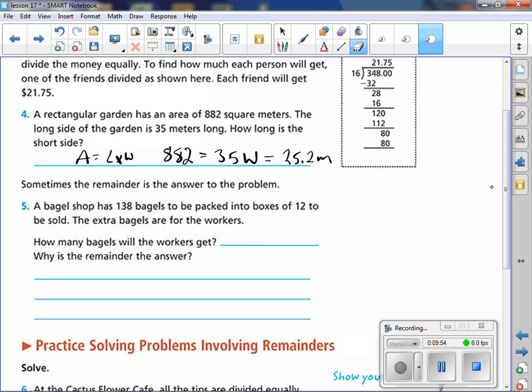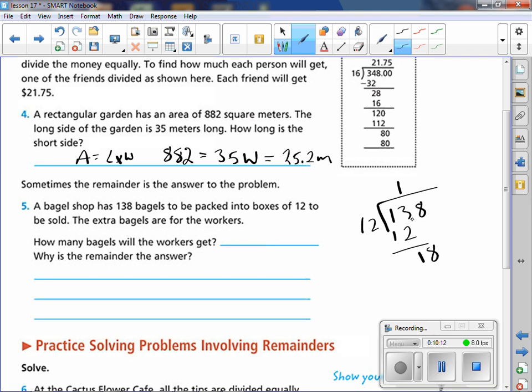So we're going to take 138 and divide it by 12. Just going to grab my pen again. 138. If you want to pause the video and do that, you may do so. Welcome back. Hopefully you realize that 12 goes into 13 one time. Bring down the 8. 12 into 18 one time. It's 12. What's left over is 6.